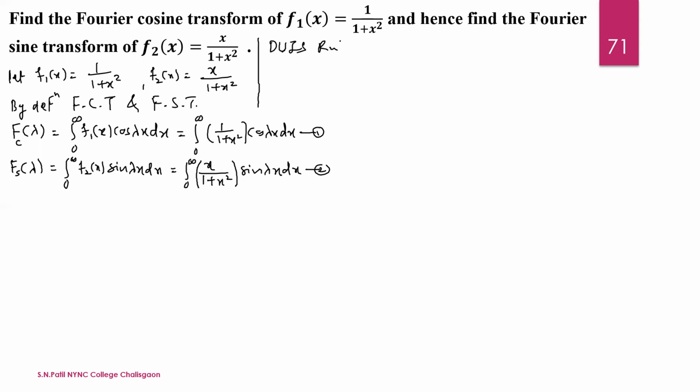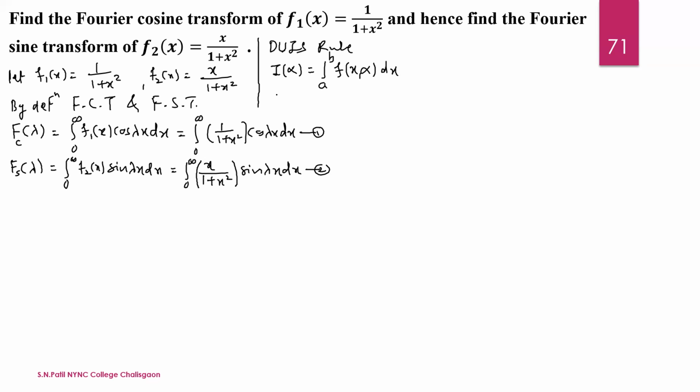Here the limits are constant, so this is DUIS rule number 1, otherwise also called Leibniz rule number 1, for constant limits of integration. So what is the rule? If the integral I is a function of a constant, suppose alpha, with integration from a to b, where a and b are both constants, and inside there is a function of two variables x and alpha, integrated with respect to x, then we apply the DUIS rule.